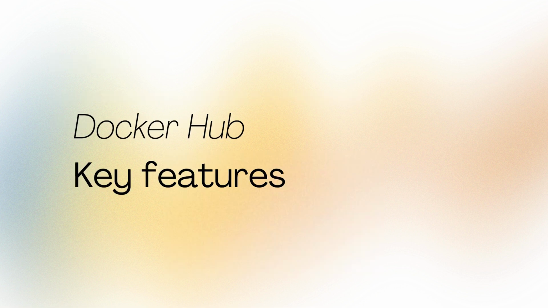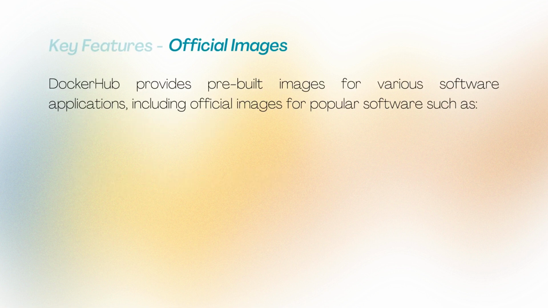Now let's talk about some of the key features of Docker Hub that make it such a special and popular choice for developers. Docker Hub provides pre-built images for various software applications, including official images for popular software such as Nginx, Apache, MongoDB, Node.js, and so on.